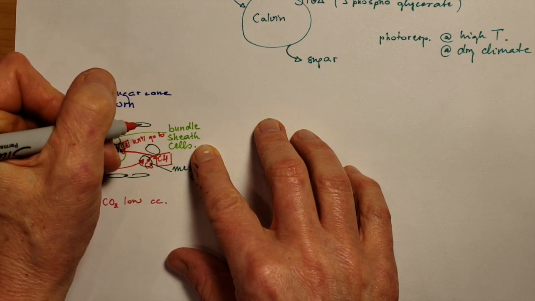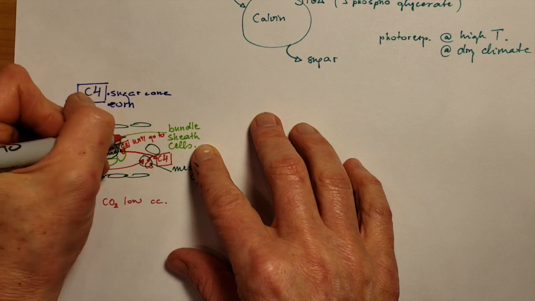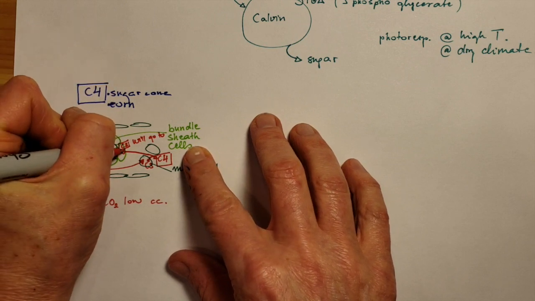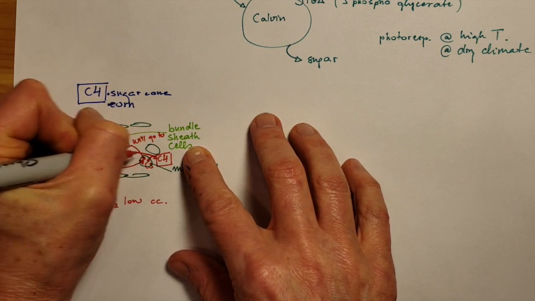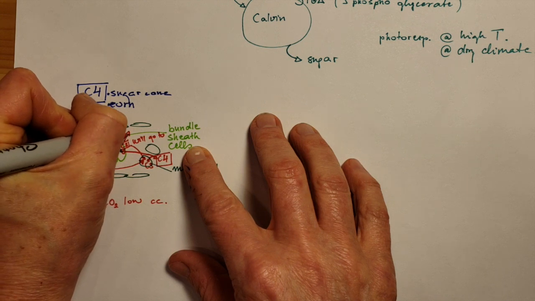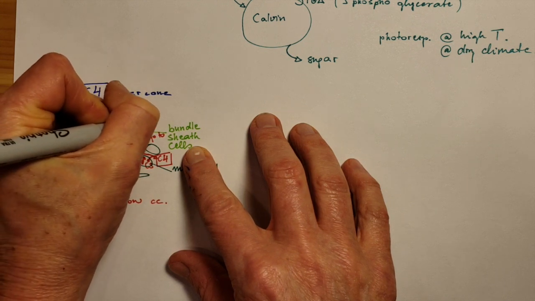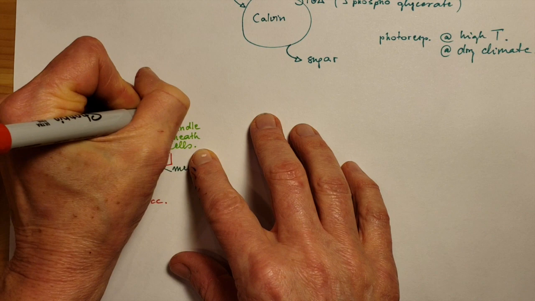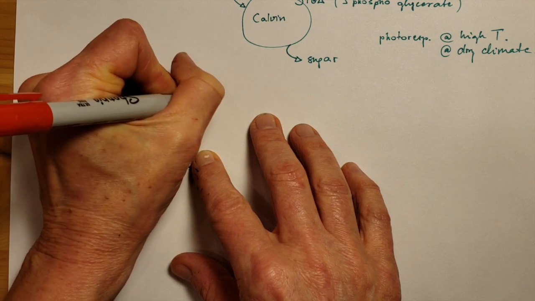So the point is, with low carbon dioxide concentration, it still can supply carbon dioxide to the cells in the bundle sheath to do the Calvin cycle.